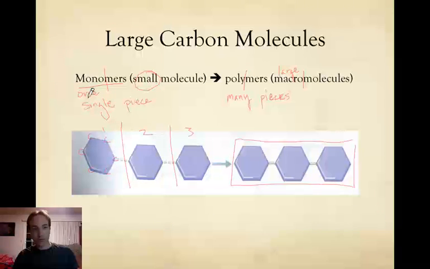So just to review this idea here, each of these is a single piece. So we would call these monomers. When we connect monomers, so we have multiple monomers combined, notice there's chemical bonds here holding them together in the middle, we call this a polymer.